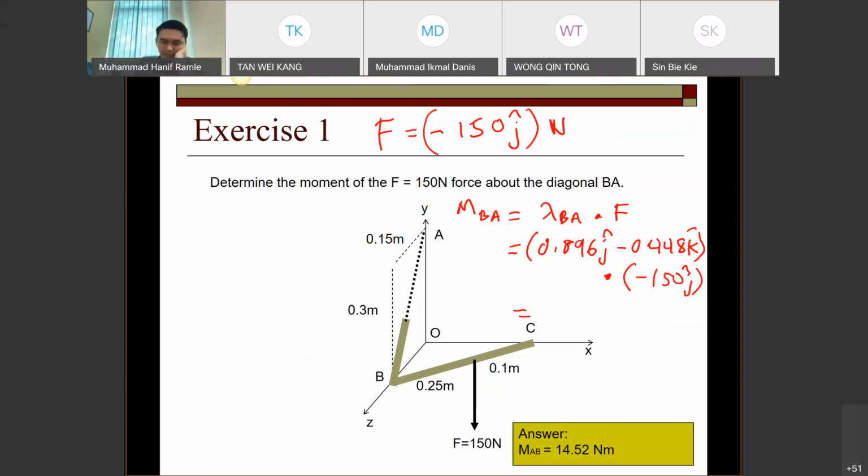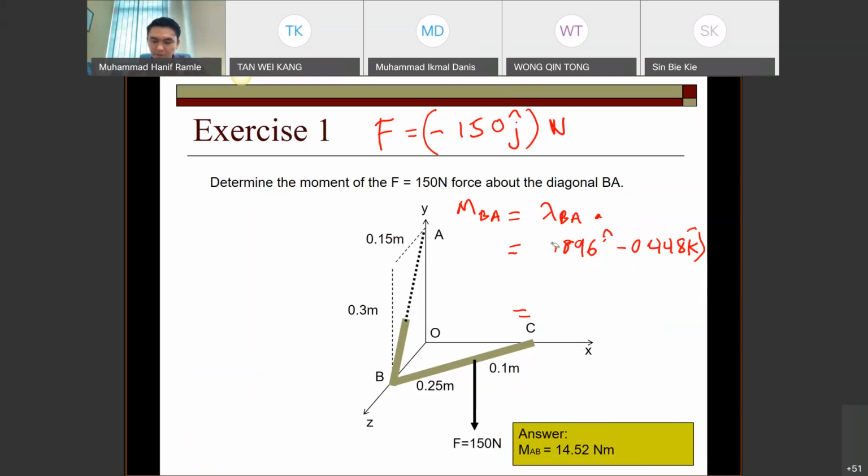For the endpoint, F, we cross product with R, the distance we got earlier. Sorry, I missed one step. Yes, correct, I missed one step.